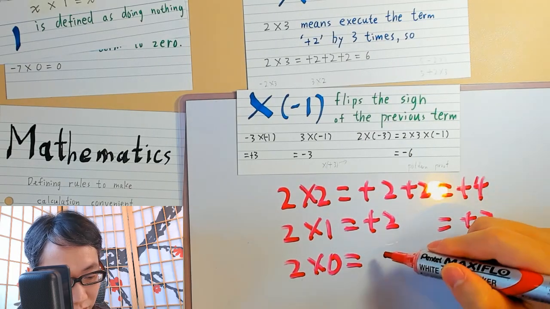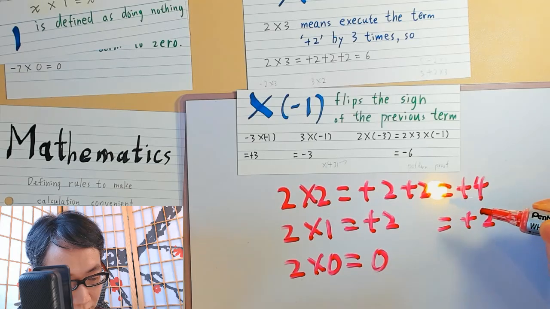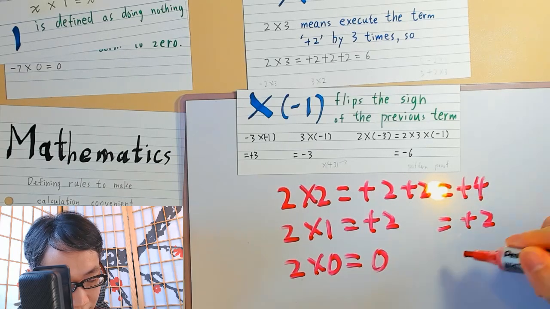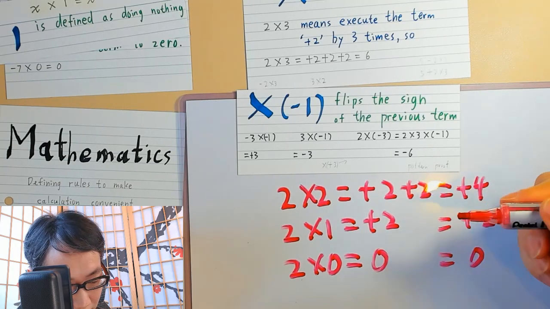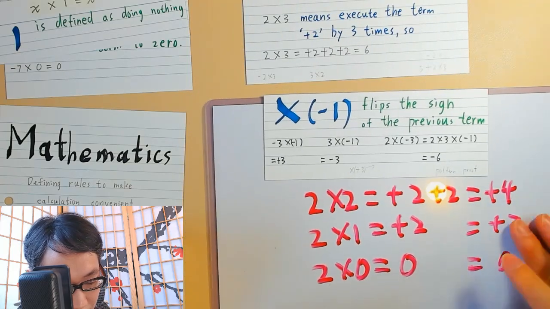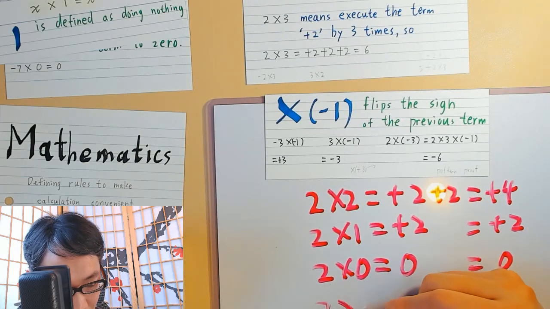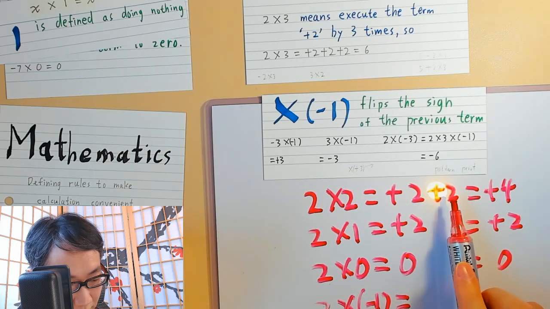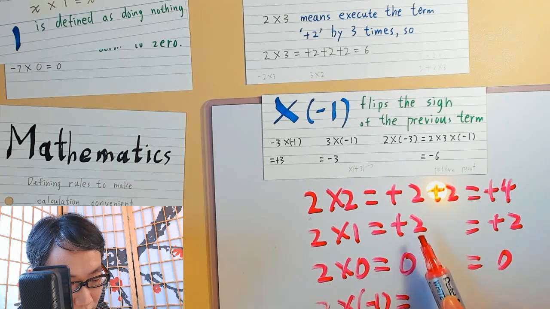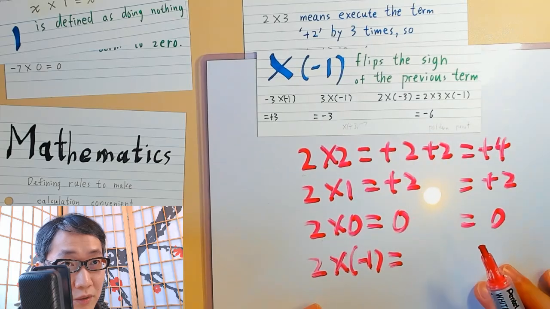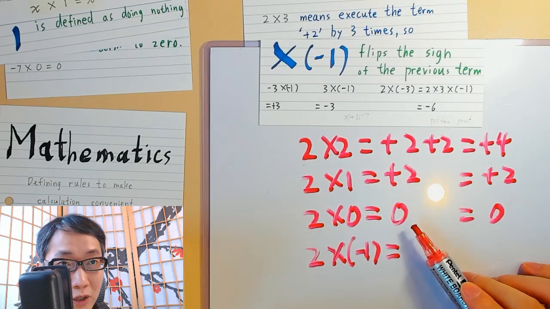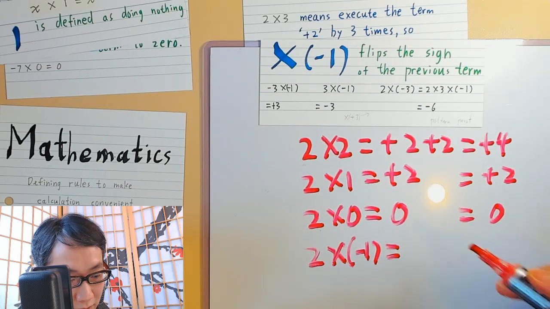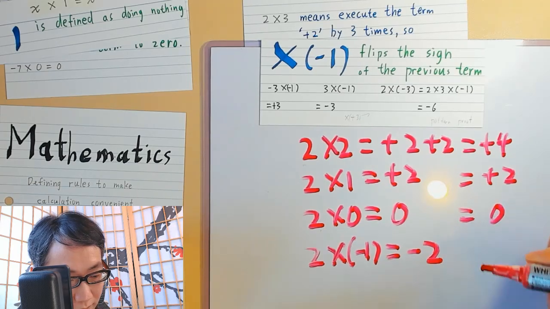Actually we do not do this, so 0. So the next one, from this pattern, this is 2 less than the previous one, this is 2 less than the previous one, so this should also be 2 less than the previous one. So we have -2.